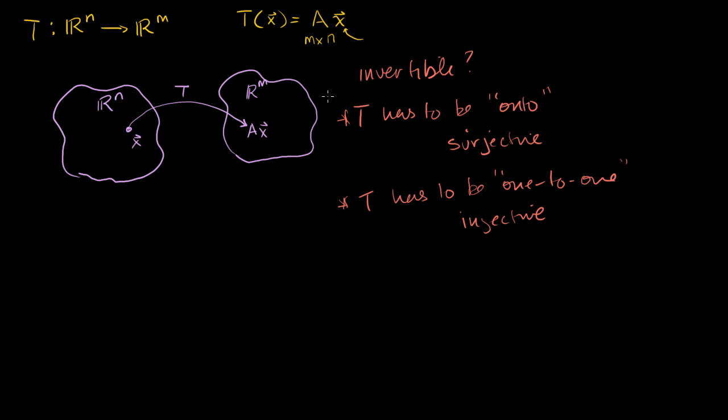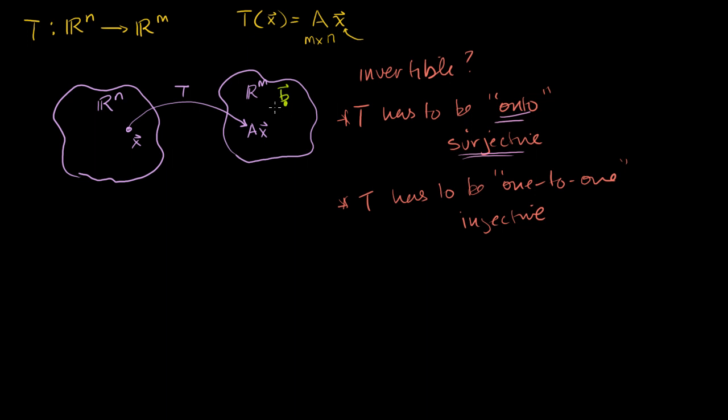I'm not going to prove whether T is invertible, but we'll at least try to figure out whether T is onto, or surjective. Just as a reminder, what does onto or surjective mean? It means that you give me any element in Rm, any element in your codomain. Let's call that element B. It's going to be a vector.